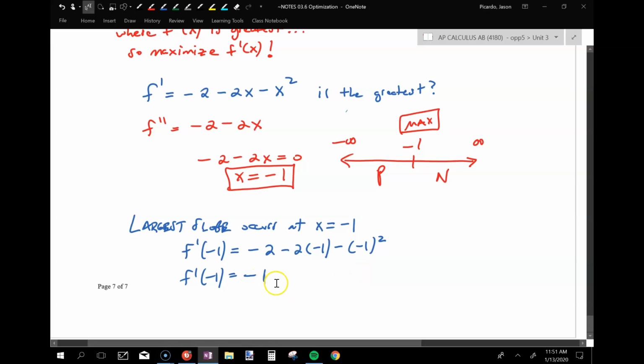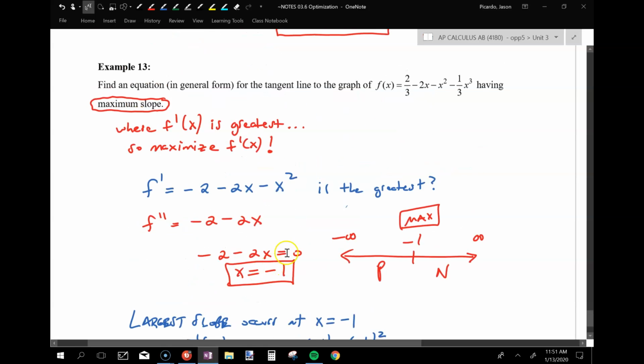Okay. So this is the largest slope. Kind of weird, right? Largest slope is actually negative. That means your original graph was always decreasing.